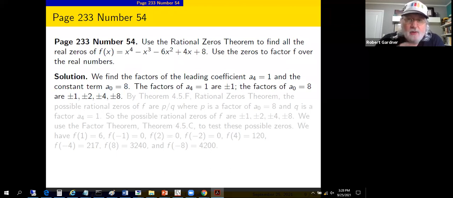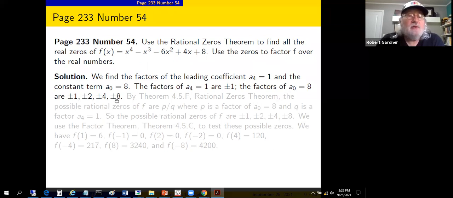Okay. Let's use the rational zeros theorem by finding the divisors of the leading coefficient, factors of a sub 4 equals 1, or plus or minus 1, and find the factors of the constant term, a sub 0 equals 8.